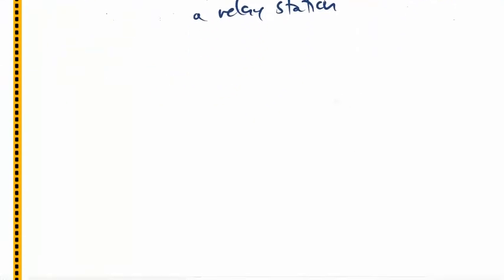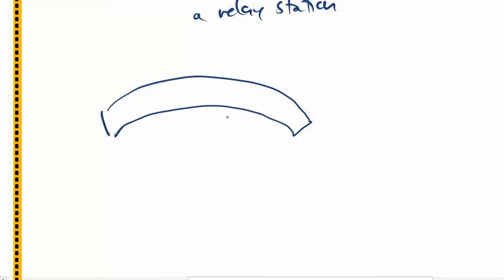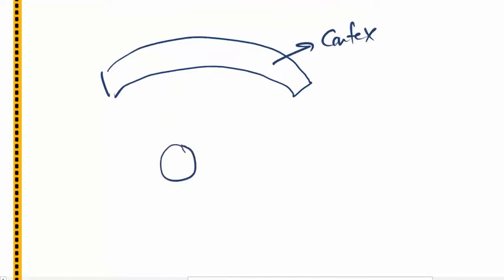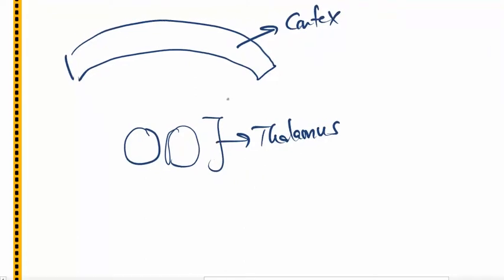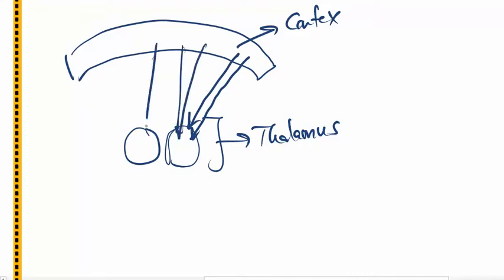Let's say this right here is a cortex, and right below the cortex we have the thalamus. Basically, the thalamus is going to be receiving information from the cortex, and as well, it's going to be sending information to the cortex.